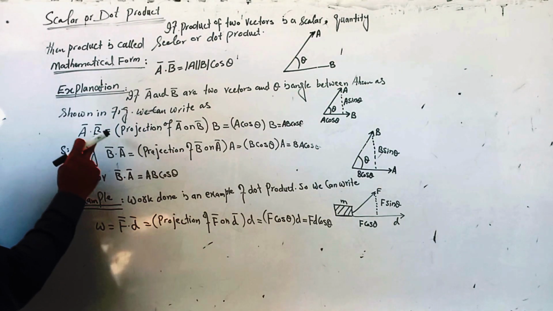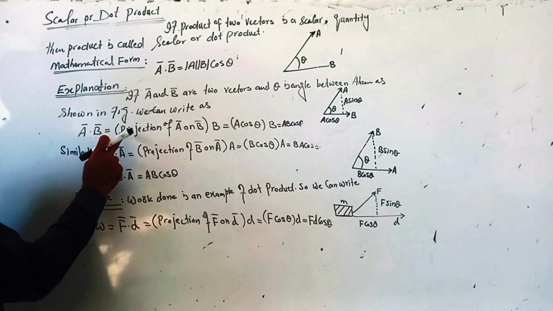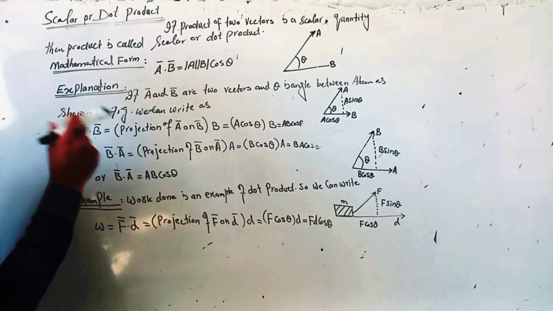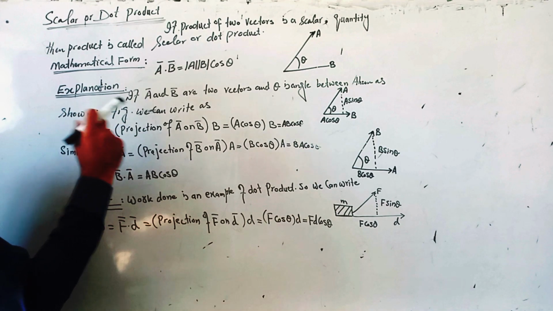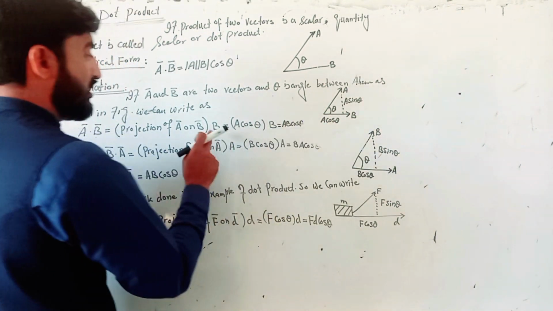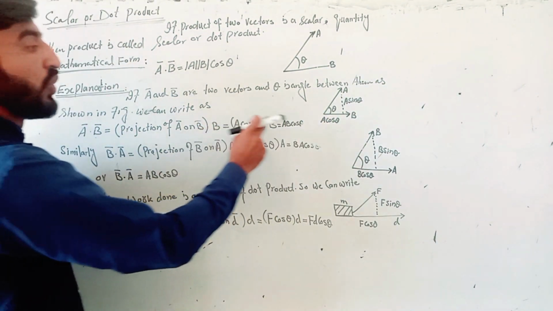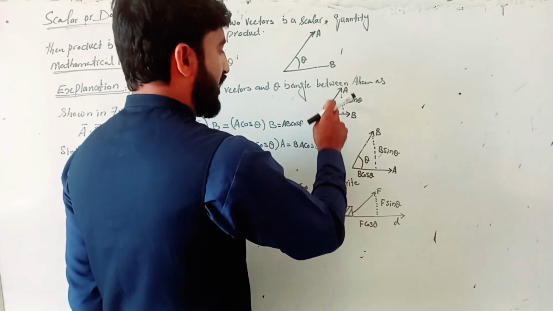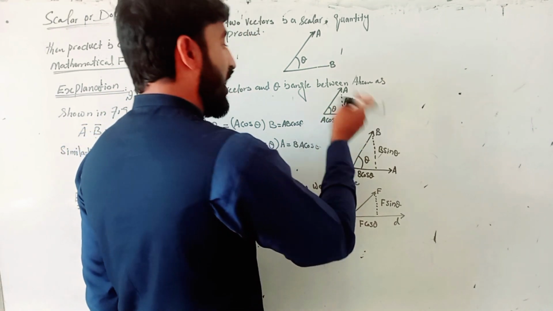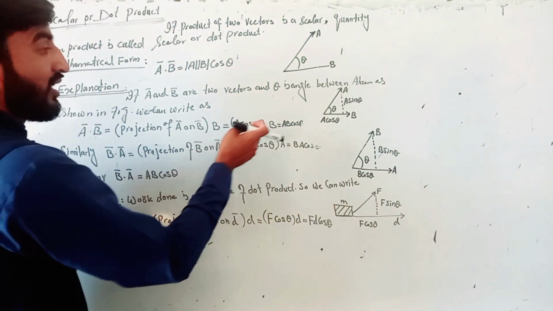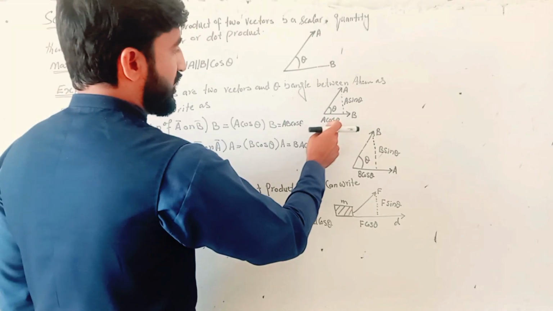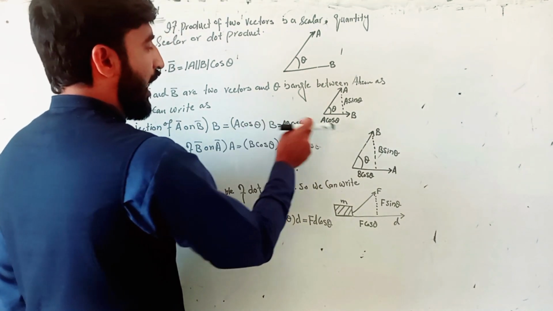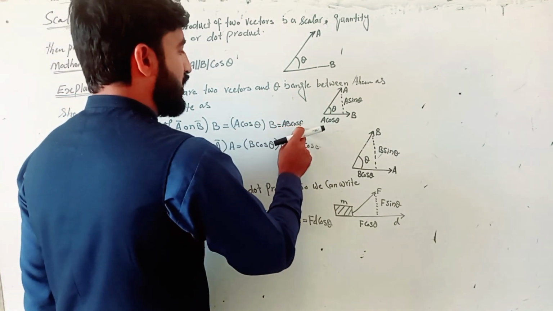A dot B means the projection of A on B, or in other words the component of vector A which is in the direction of vector B, times B. So by taking dot product we take the component of a vector which is in the direction of the other vector. The component of A in the direction of vector B is A cos theta, so we write A cos theta and B, and it becomes AB cos theta.